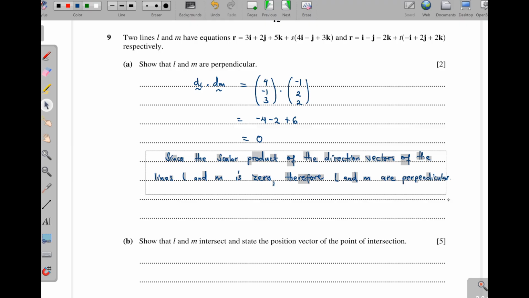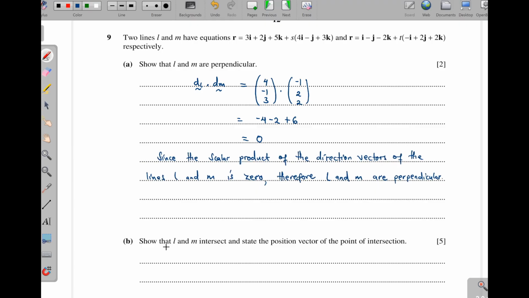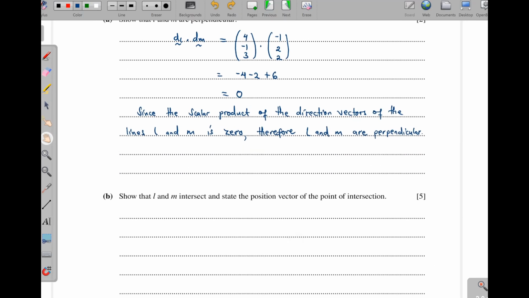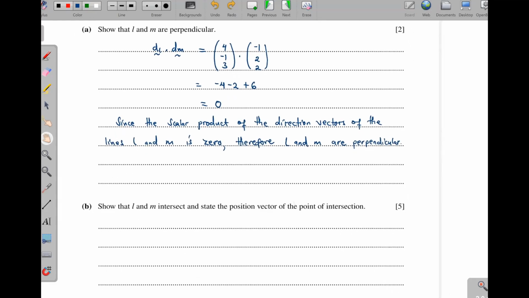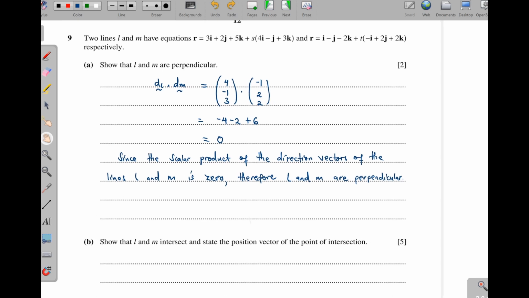Then we go to the next part, the second part B, that show that L and M intersect and state the position vector of the point of intersection. Now, of course, we are going to solve these two equations simultaneously. Okay, so what is the parametric equation?